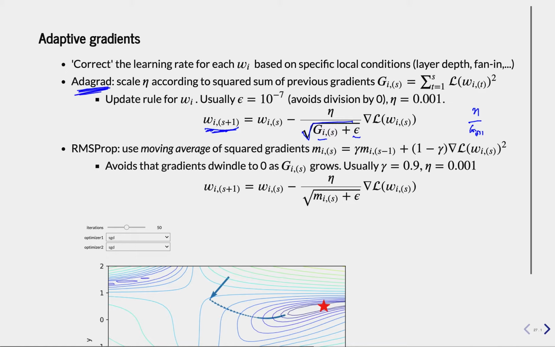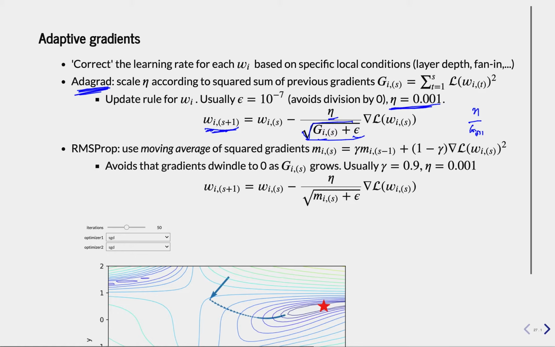It used to be very popular. We have better versions now, but that's the idea behind it. Typically, we have a small learning rate n. Why? Because, well, actually, the learning rate doesn't really matter because you will adapt anyway to the local situation of the neurons.